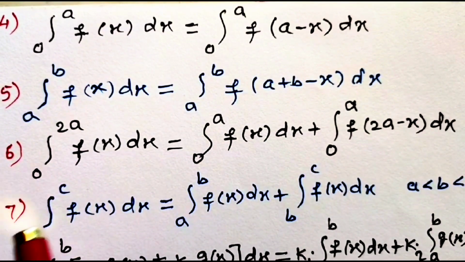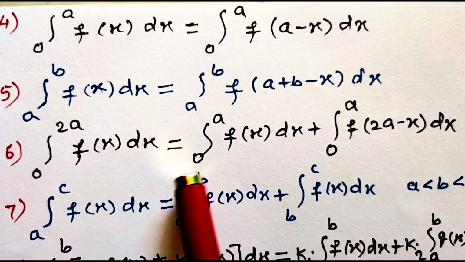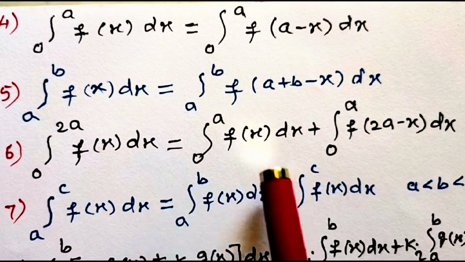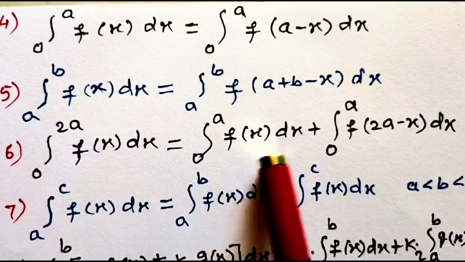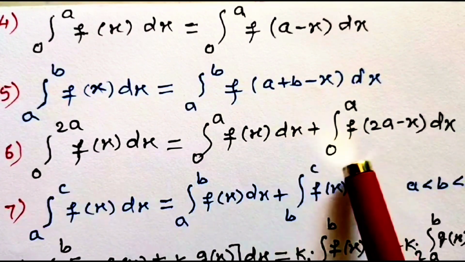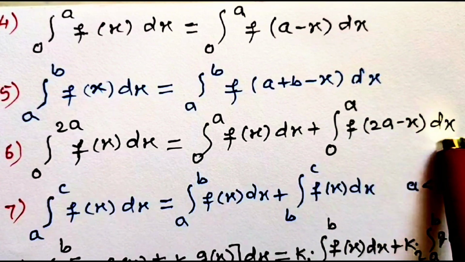Now property number 6 is the integral from 0 to 2a of f(x) dx is equal to, we can write, the sum of two integrals: the first integral from 0 to a of f(x) dx plus the second integral from 0 to a of f(2a minus x) dx.